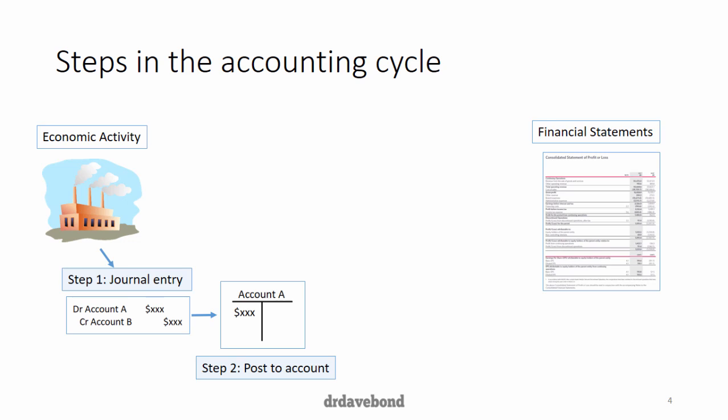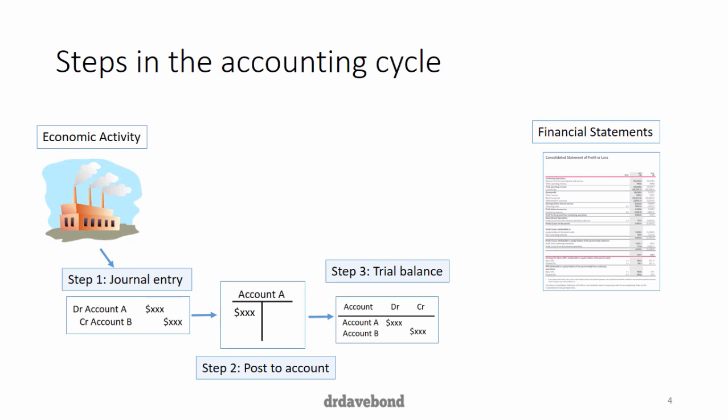So if it's a debit to account A, we put it on the left-hand side of the T account. We then have all these various accounts that we're using, and we create a trial balance, which is just a listing of all the accounts that that particular organization has, with all the various debit and credit balances.